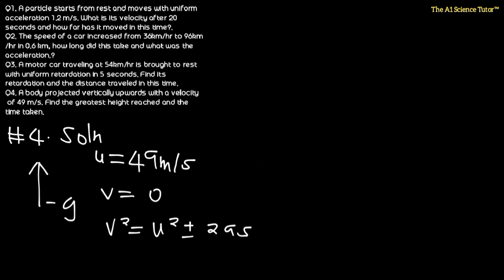So that is going to be v squared, and we have u squared, but I will have a negative here. Now, I'm not going to use normal acceleration, but the acceleration due to gravity. And this is actually reasonable because we know that the value of g is a constant, and that helps the question. So in this case, we have the displacement, which is actually going to be written as a height.